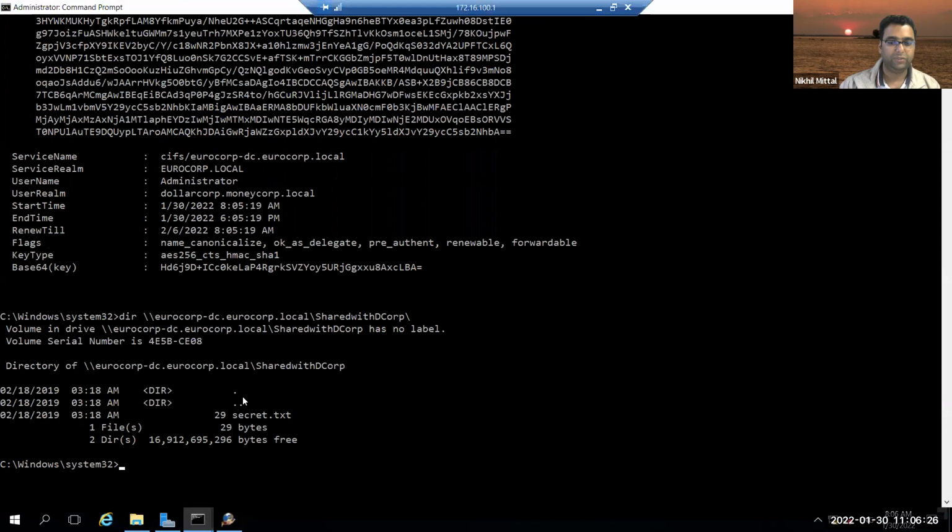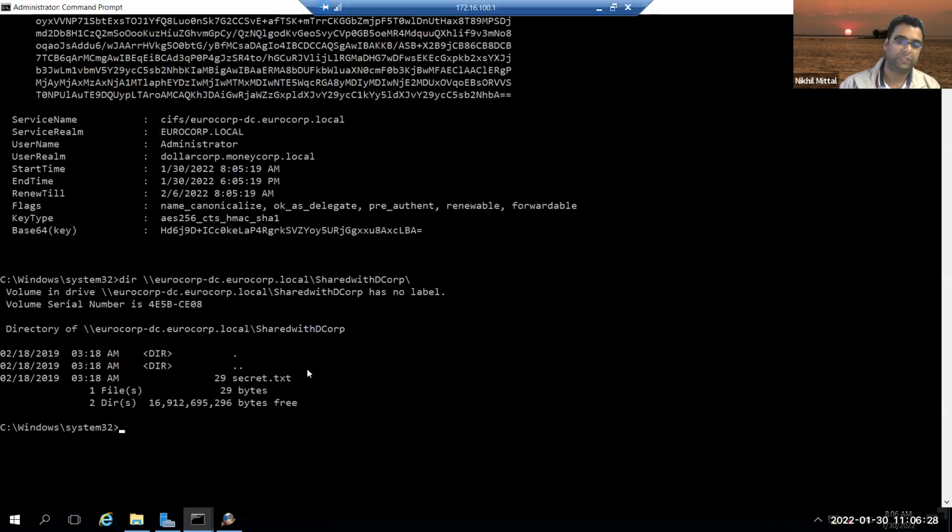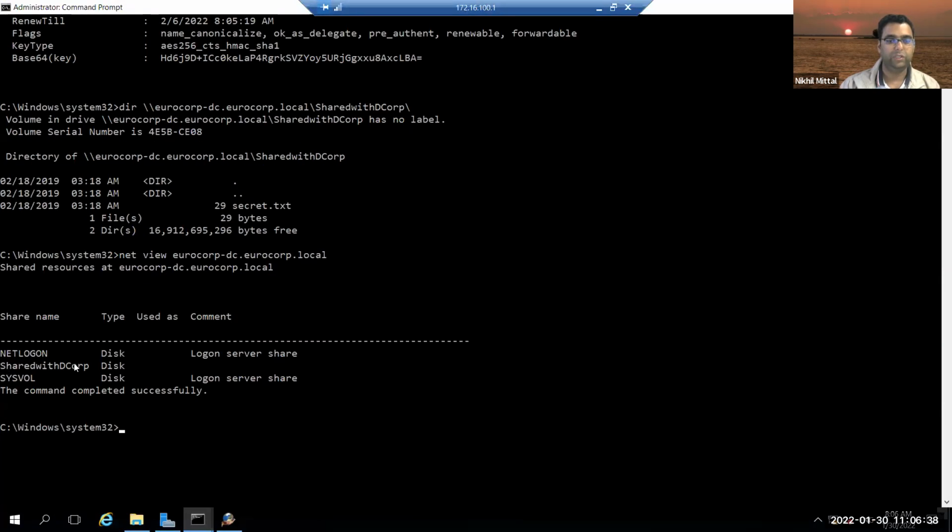This would still work. As you could see, we can access an explicitly shared resource. I do not recommend running NetView stuff like this, but if you really want to enumerate stuff, you can actually run NetView against the EuroCorp DC as well.